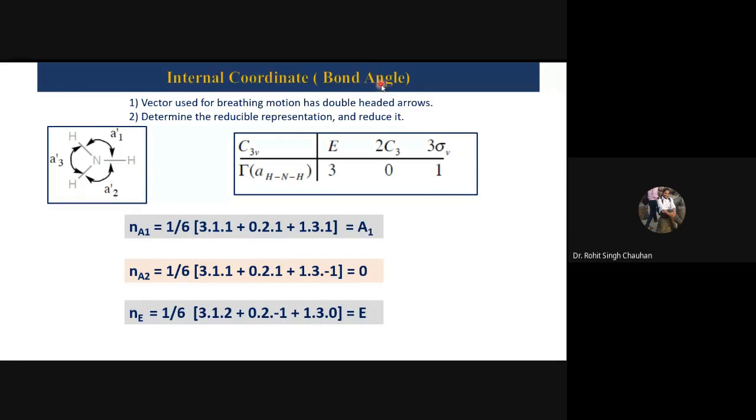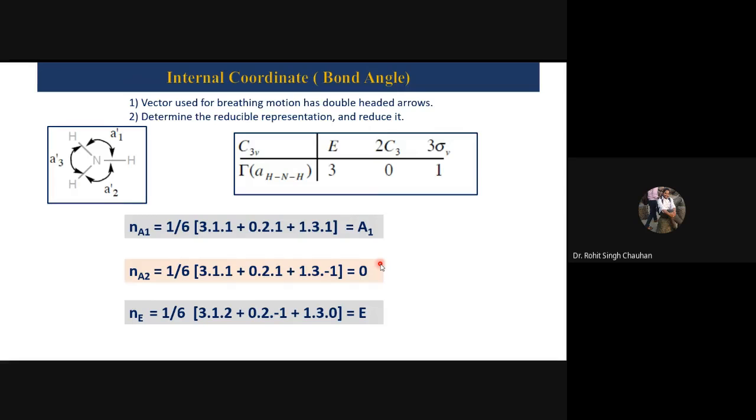And now I will flash back. In case of ammonia, if you remember, you found that gamma vibration is equal to 2A1 plus 2E. And just now, when you operated the reduction formula across the bond length, you got A1 plus E, and across the bond angle also you got A1 plus E. If you add both, what will it be? It is 2A1 plus 2E. What does it mean? It means that the vibration mode is comprised of bond length as well as bond angle.